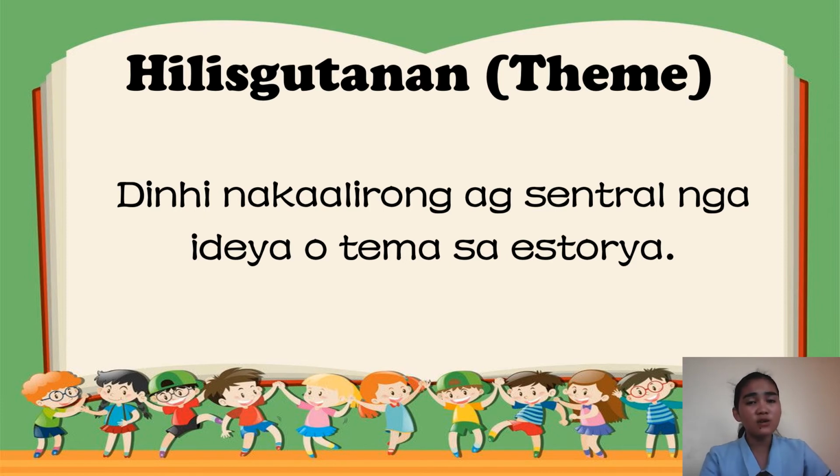It is what the author is trying to tell his or her readers. So after you read a certain story, class, you will ask yourself, what did I learn from this story? And that is theme, that is hilisgutanan.